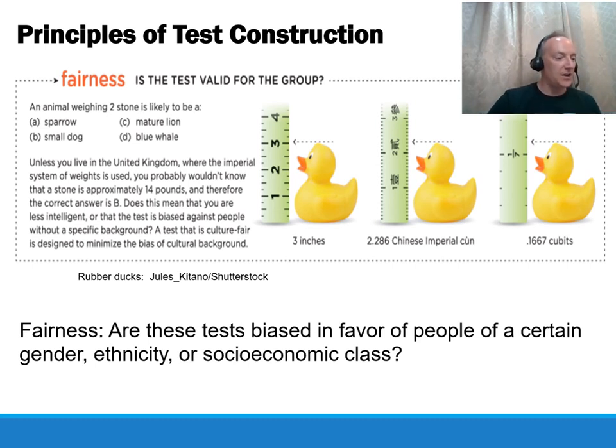This is something that we're really concerned about in intelligence testing. When we get an IQ score, we want to be able to say that it really represents your intelligence, not just the fact that you're a poor kid who hasn't had access to many cultural experiences, for example, and that's why you didn't do so well.